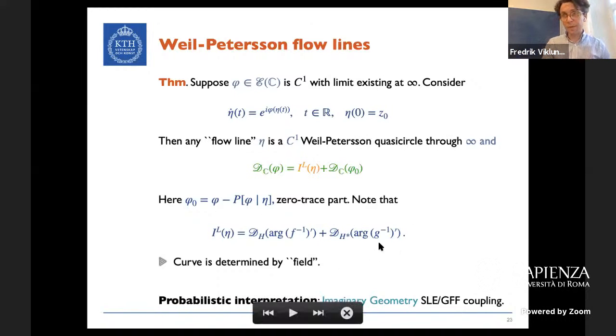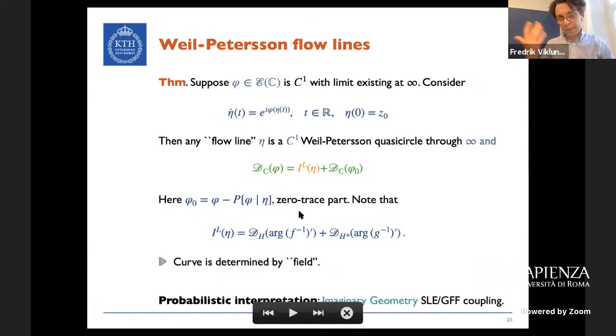And here again, I just repeated what I said in the last slide, basically that this Loewner energy can be understood as also the Dirichlet energy of the quote unquote winding along the curve. And again, here I emphasize that the curve is really determined by the function phi, as opposed to our previous results where we could choose any curve and cut our phi into two pieces. Here, the curve is really determined by the field, quote unquote.